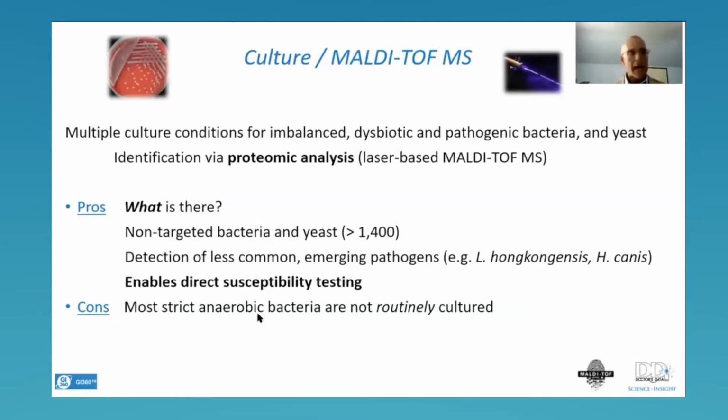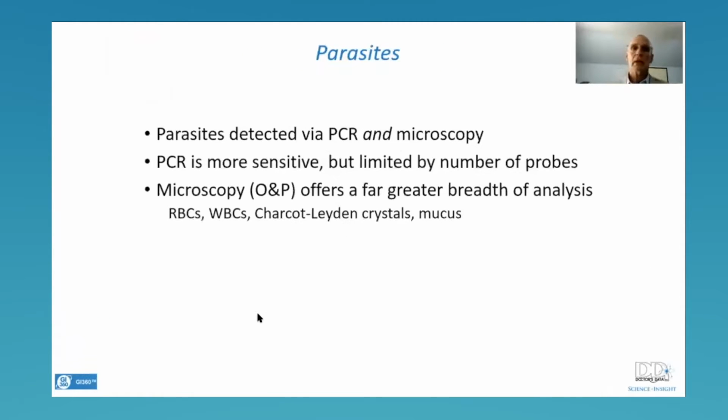The cons, absolutely. Most strict anaerobic bacteria are not routinely cultured. Hence, you fall back to PCR for those. So for parasites, we use PCR and microscopy. PCR is absolutely more sensitive, but again, very limited in the number of probes that one has.